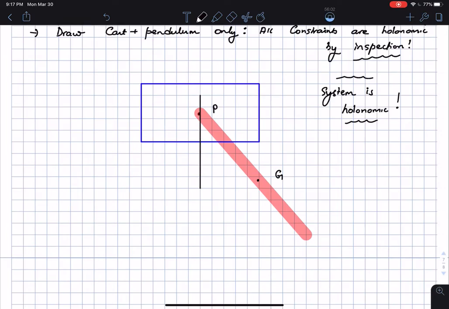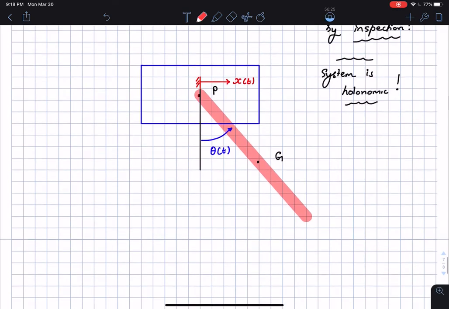So here is my vertical line, and this angle here is going to be the angle theta of t. Then the cart, the point P, is going to be described by x of t.